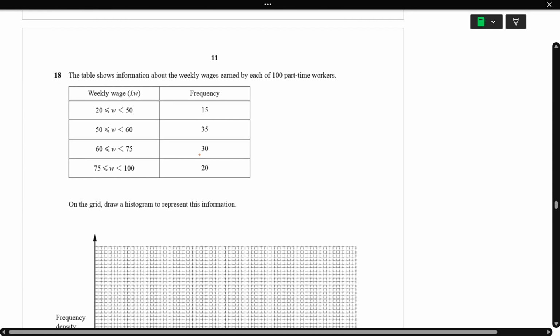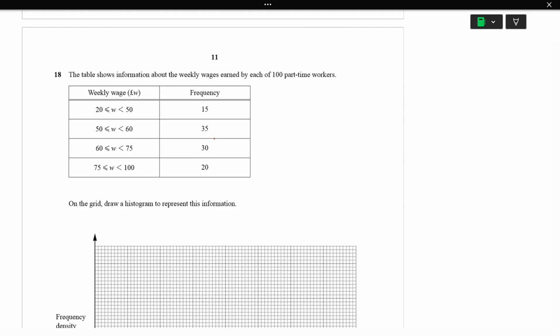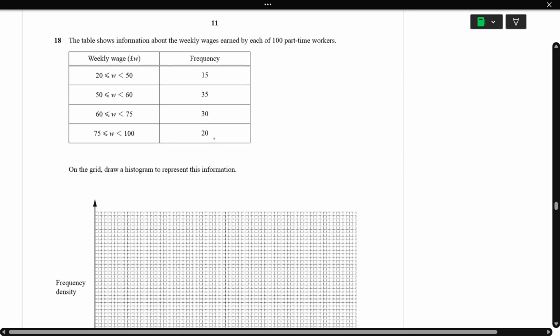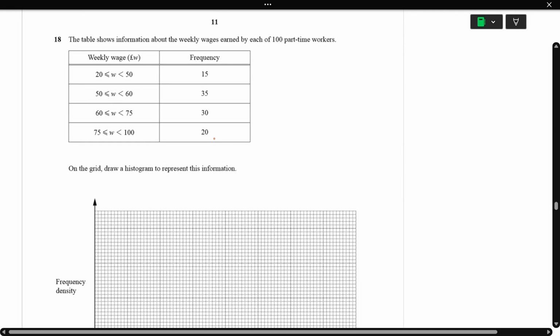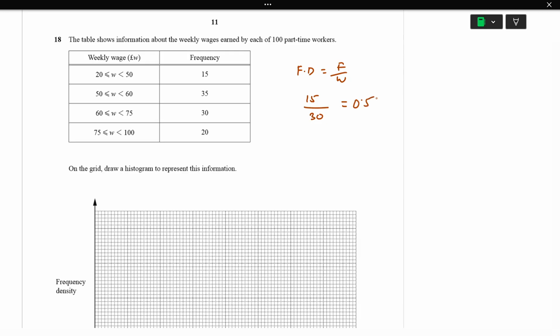Okay, next question 18. The table shows information about the weekly wage earned by each of 100 part-time workers. So here we need to find the frequency density. Frequency density is equal to frequency over the width. So first we'll calculate frequency density: 15 over 30, which is 1 by 2, which is 0.5.